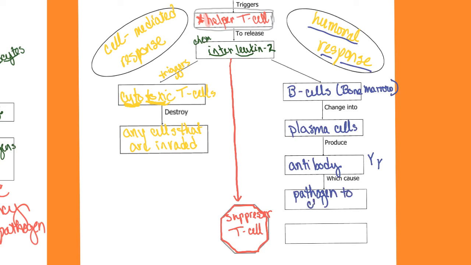Once the pathogen is clumped up together, now we can send in another macrophage to do what macrophages do best. Those big eaters. Those macrophages eat up the pathogen that has come into the body.